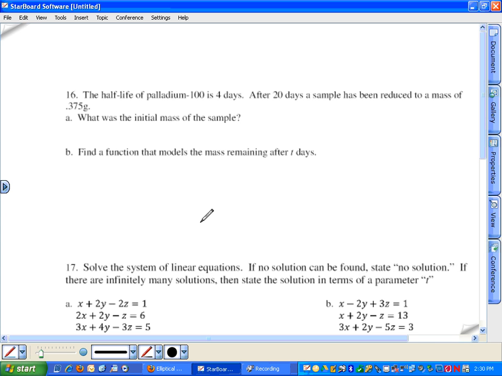So the first question they're asking us here is, what is the initial mass of the sample? And find a function that models the mass remaining after t days have passed. So this function that we're going to be finding in part B would allow us to anticipate the mass remaining after any number of days.